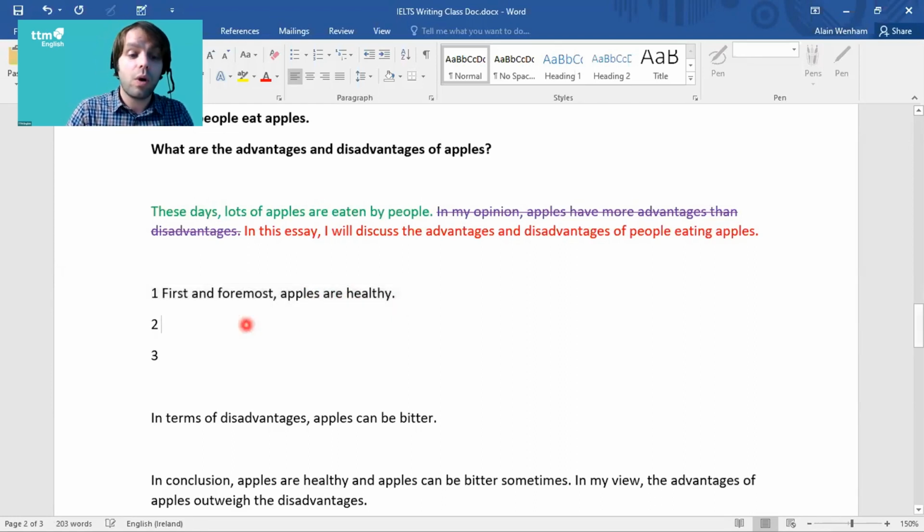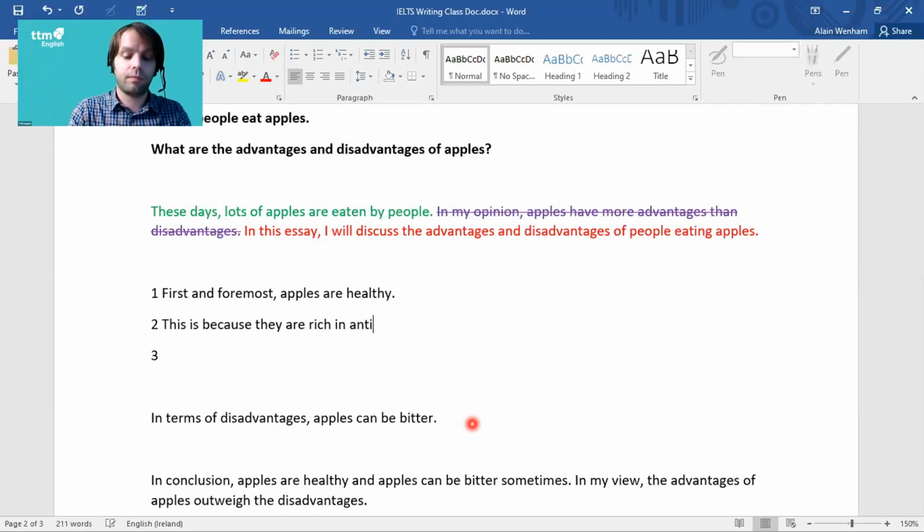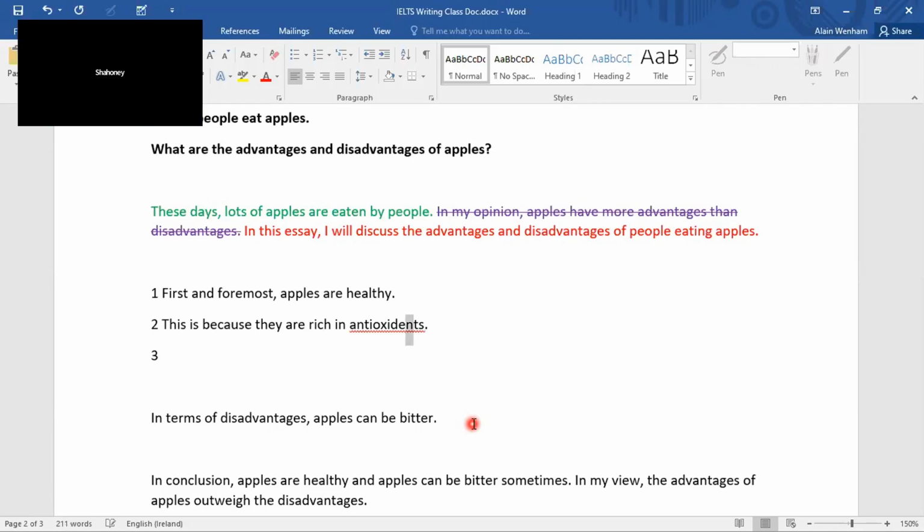Okay? So why don't you rephrase it a little bit? What could we say? This is because they are rich in antioxidants. Good. And what's your example? It can help reduce the risk of developing heart diseases.